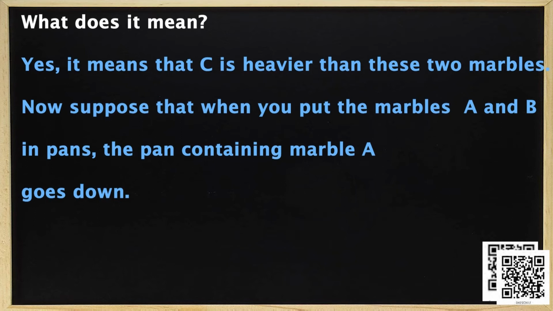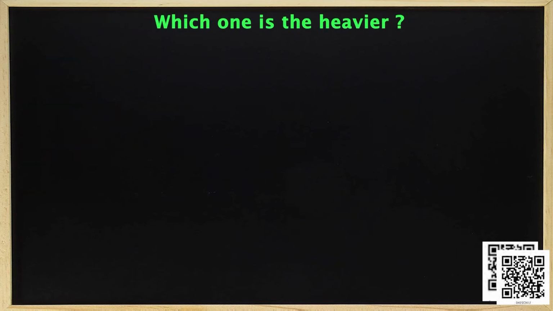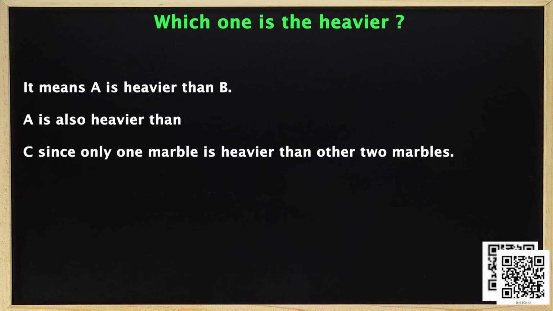Now, suppose that when you put the marbles A and B in the pans of the balance, the pan containing the marble A goes down. Then which one is the heavier? If the pan containing the marble A goes down, it means A is heavier than B. If A is heavier than B, it also means that the marble A is heavier than C, because only one marble is heavier than the other two marbles.